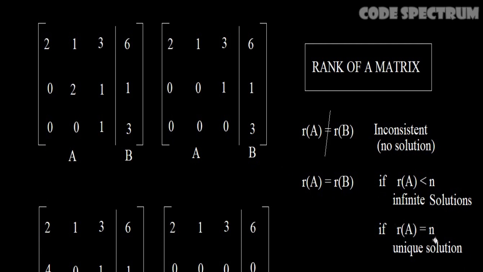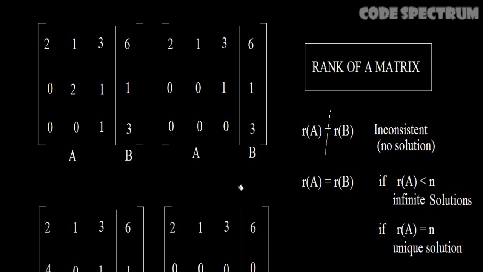The system will give you a unique solution. And if the number of variables increases and the rank remains less than the number of variables, then infinite solutions may be possible. So in this case, we have a unique solution.